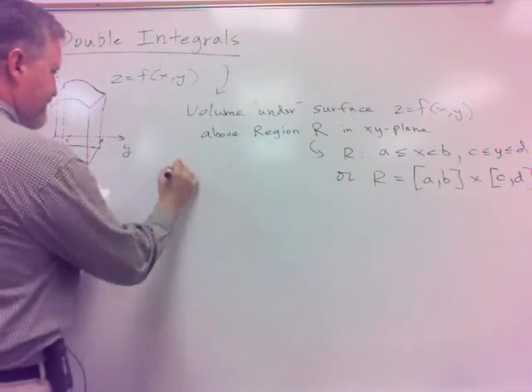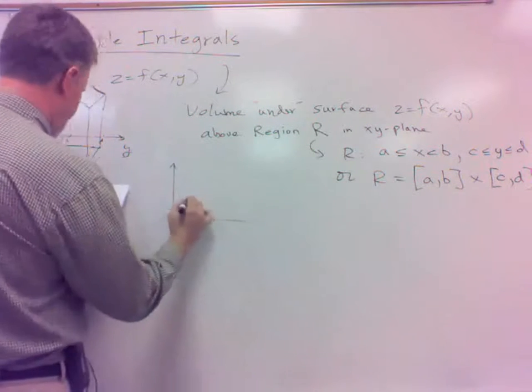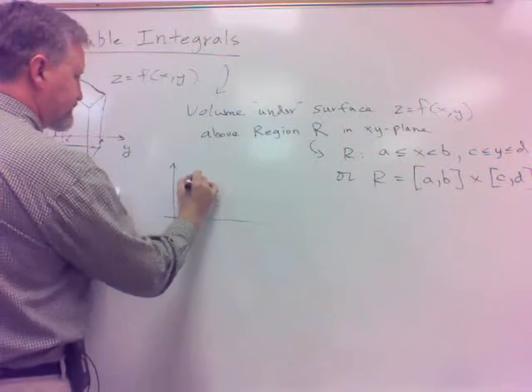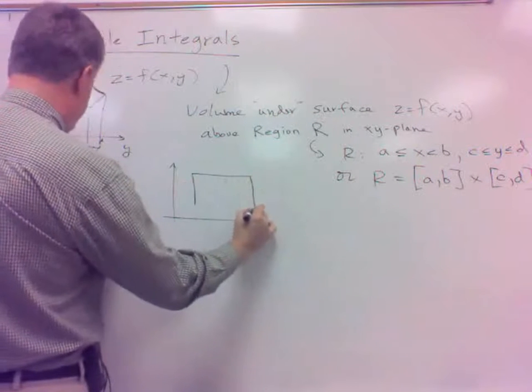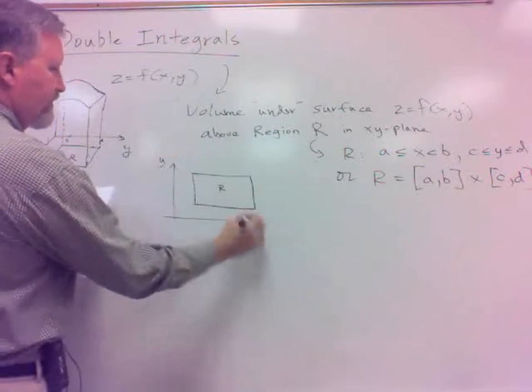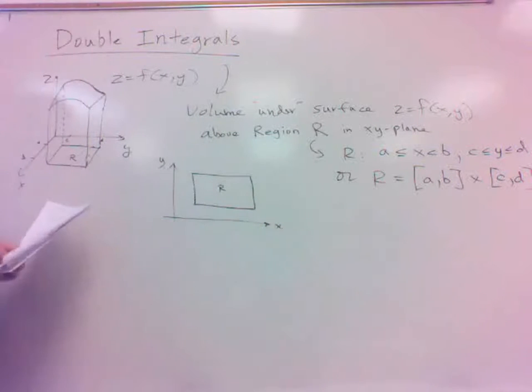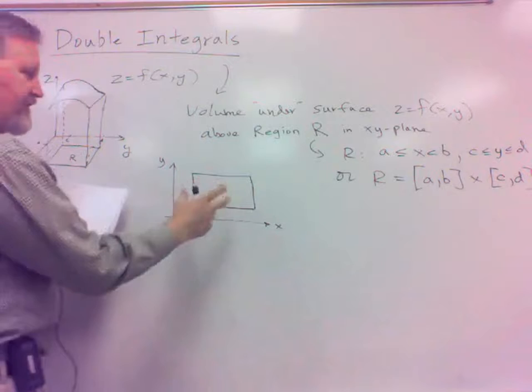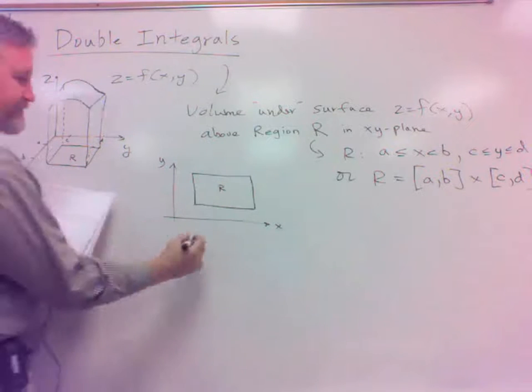So let me just kind of draw this out. All right, so here's our R in the xy plane. Focus in on it. I'm going to divide that into sub-rectangles.